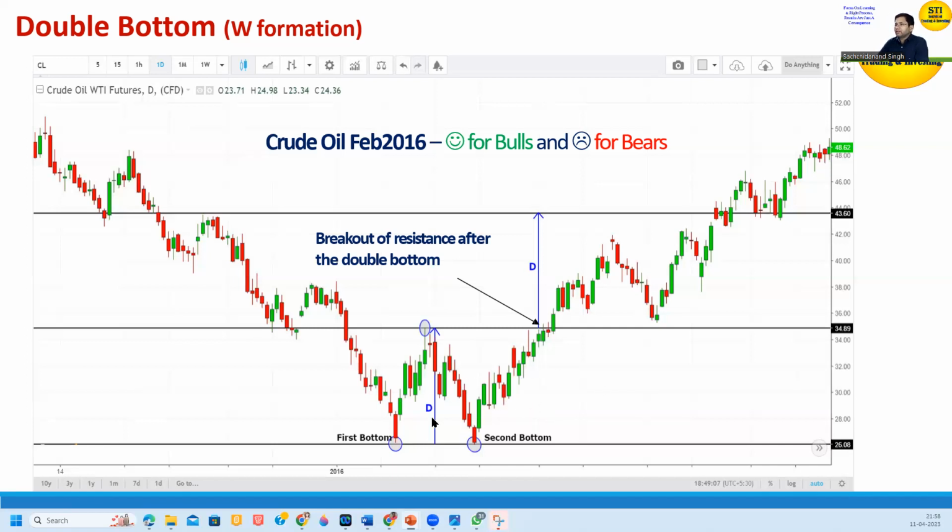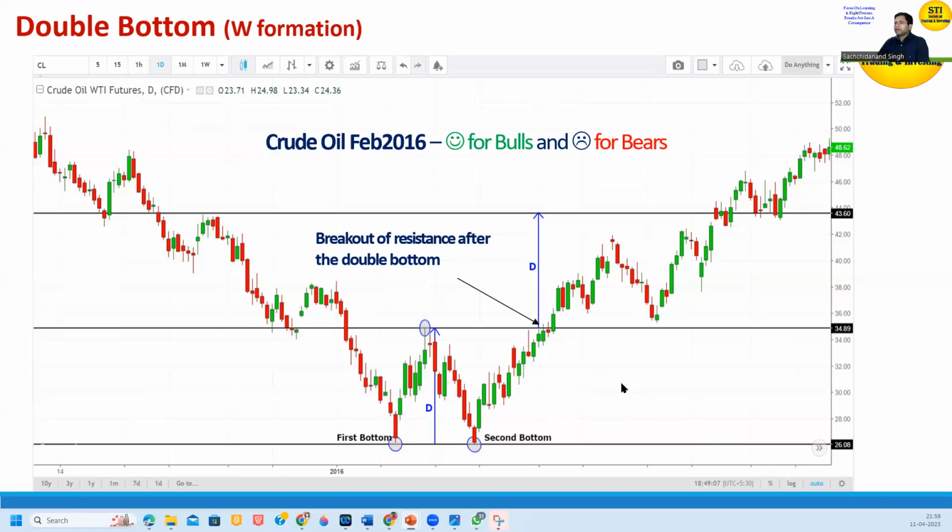Whenever you are trading or investing, depending on the market situation, you can wear the hat of a bull or a bear. You need not stay in the market with the same mindset. Depending on how the market behaves, you can change your personality and either become a bull, predicting the price will go up, or a bear, predicting it will go down.